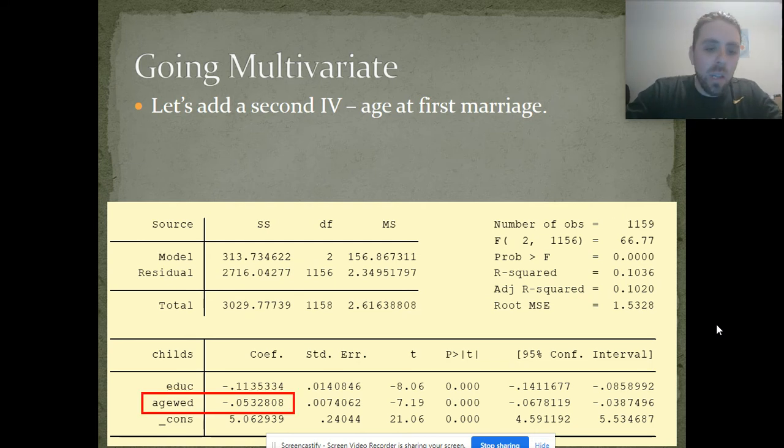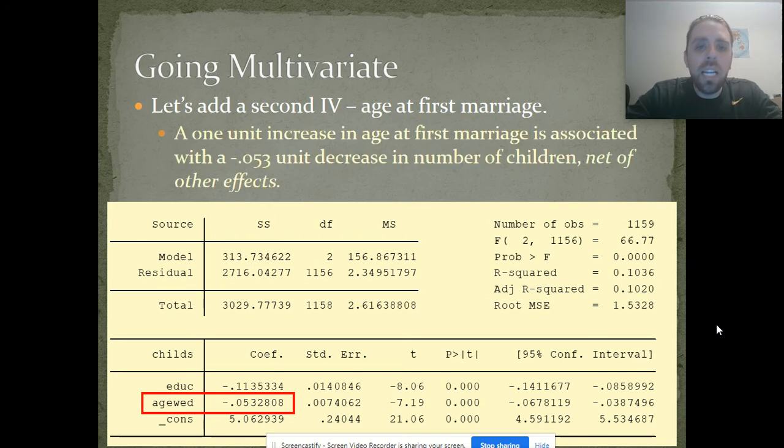For me, looking at that coefficient of negative 0.053, I would say a 1 unit increase in age at first marriage is associated with a negative 0.053 unit decrease in number of children, net of other effects. It's not correct unless you demonstrate that this is net of other effects.